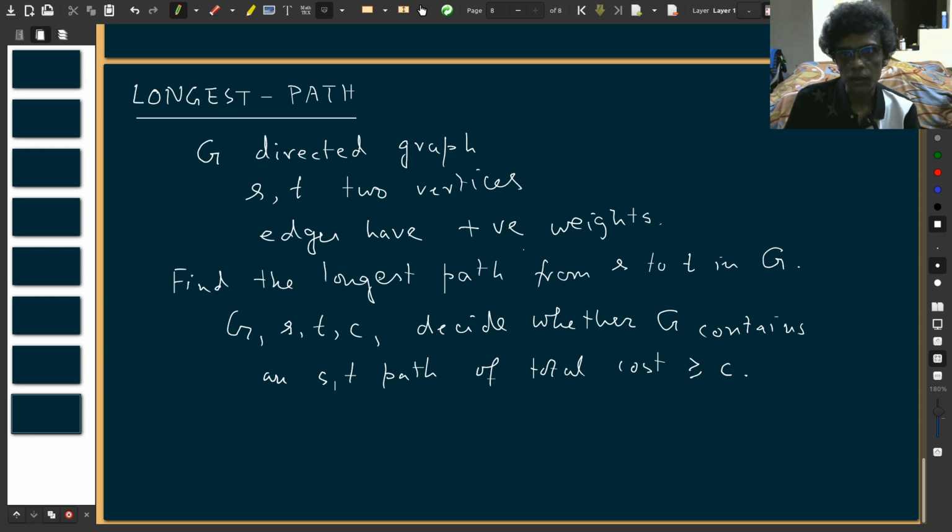We can compute the total cost on the path and check whether it is greater than or equal to C or not. On the other hand, if no such path exists, I cannot provide such a certificate. So this is clearly in NP.